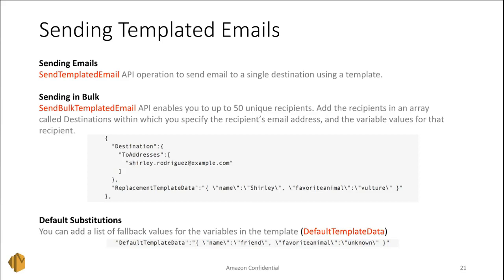You can use this new feature and you'll be able to nominate up to 50 customers in the destination array, and then you can send their substitution values as well. And we will pick that up, and then we will send it. So in one call, you can send up to 50 unique personalized emails.